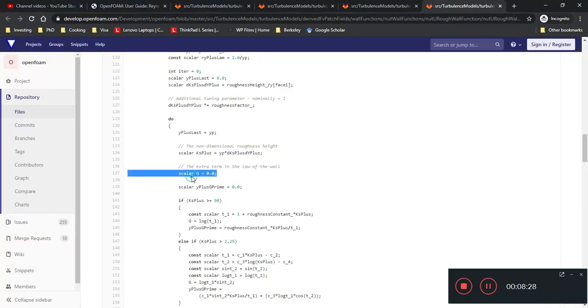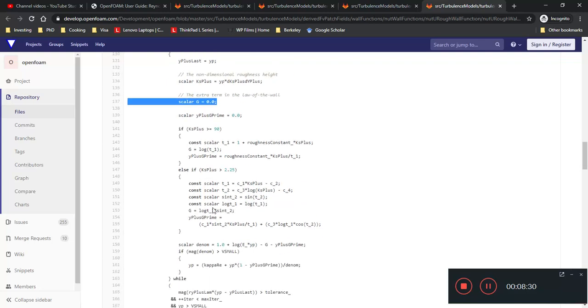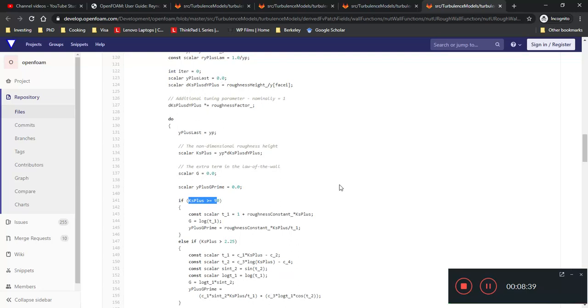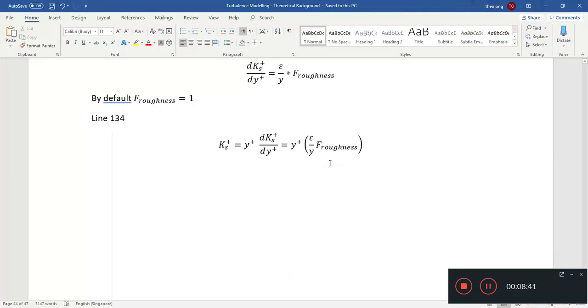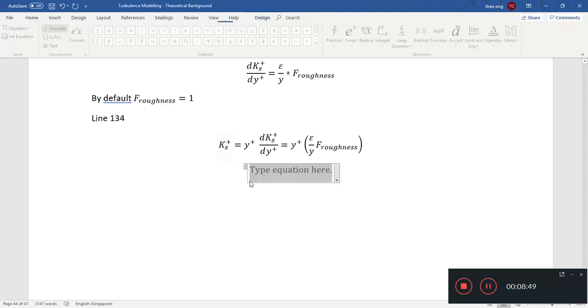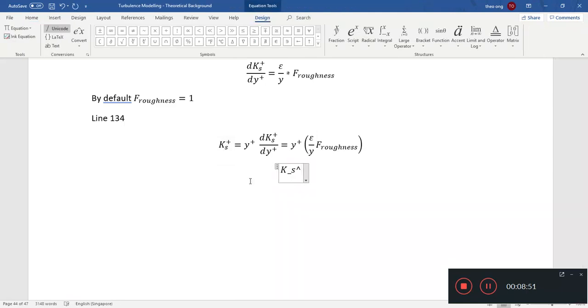Then we have some g over here, which we just ignore. So now we have this ks plus, okay, ks plus equals to 90 or greater or equals to 90. So what is ks plus again? If we take a look at this ks plus equals to some constant f roughness. Typically that's equals to 1.